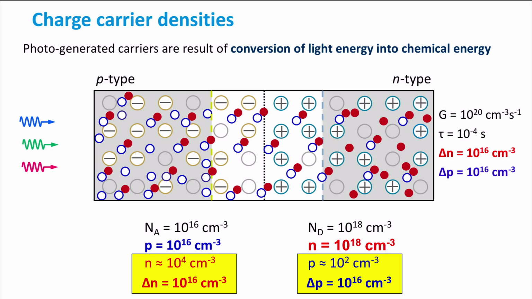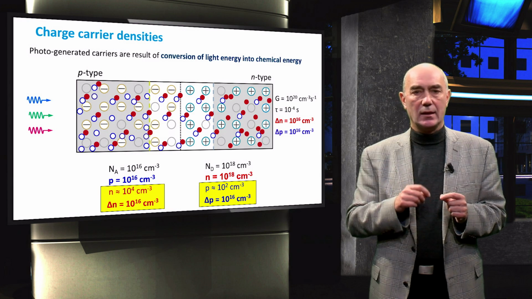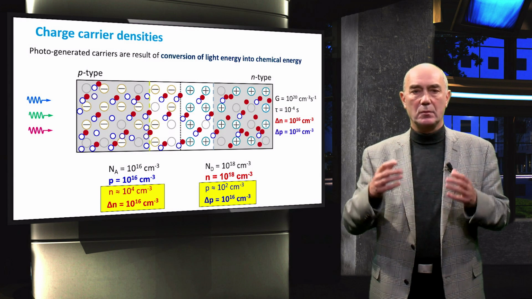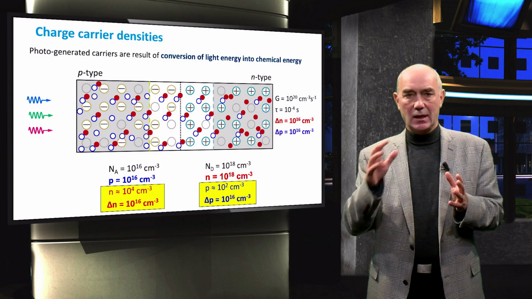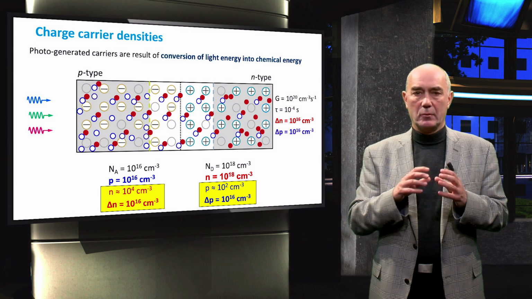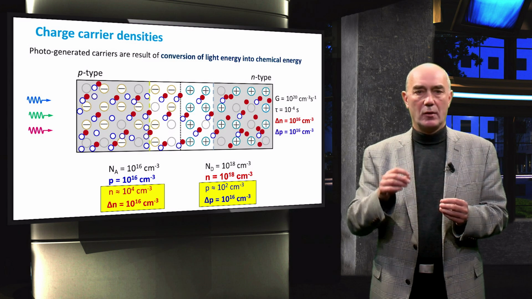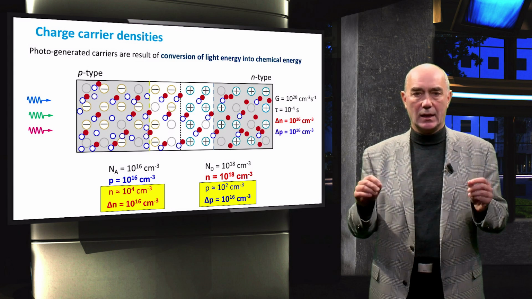This means that adding 10^16 more carriers does not significantly alter the concentration of majority carriers. Minority carriers, on the other hand, are at 12 to 14 orders of magnitude below the injection level. This means that adding carriers through illumination will significantly influence the minority carrier concentration while essentially leaving the majority carrier concentration unchanged.